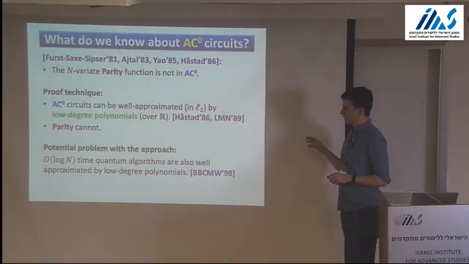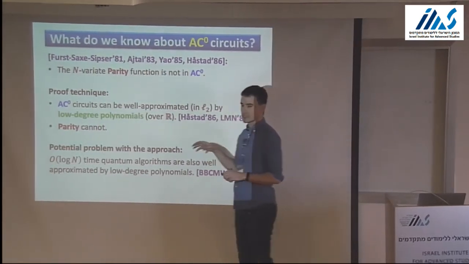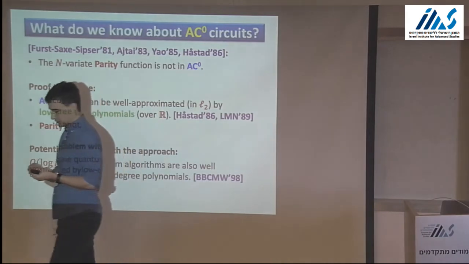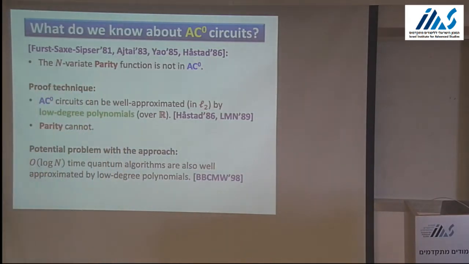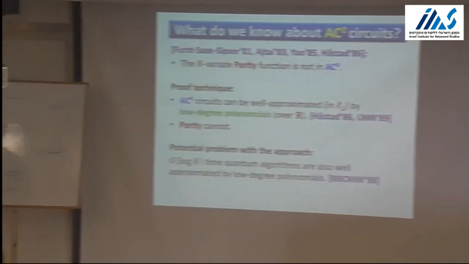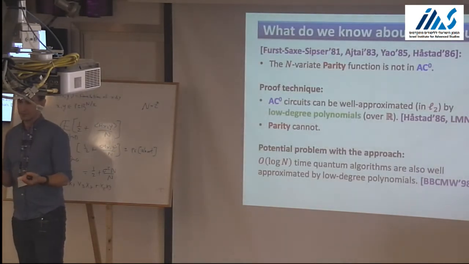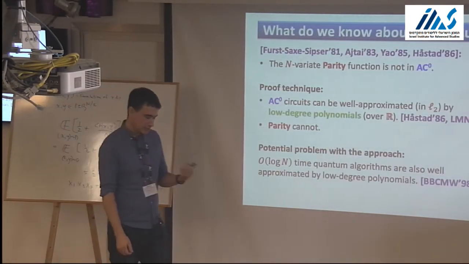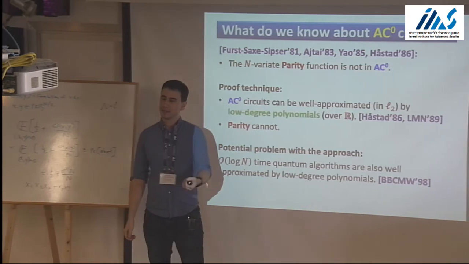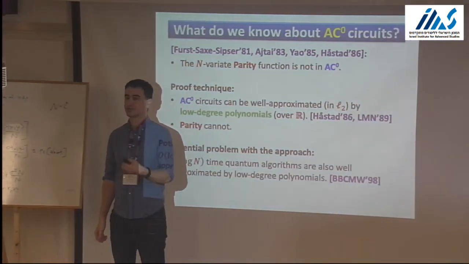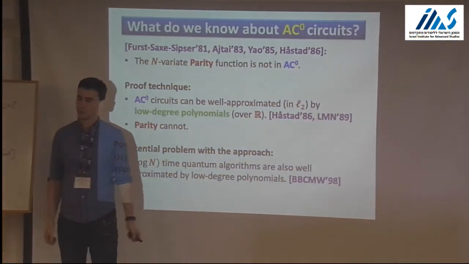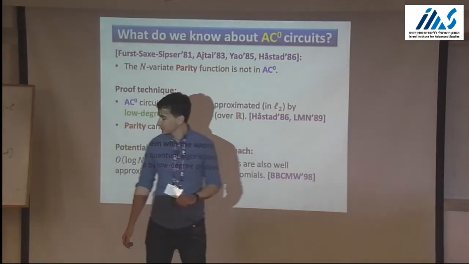Basically, for a quantum algorithm that makes queries, you can write the probability of acceptance as a low-degree polynomial. The degree of the polynomial will be just the number of queries it makes to the black box. This is the degree of the amplitude, and eventually you're measuring, so you're taking squares, so the degree will blow up by a factor of 2, perhaps.